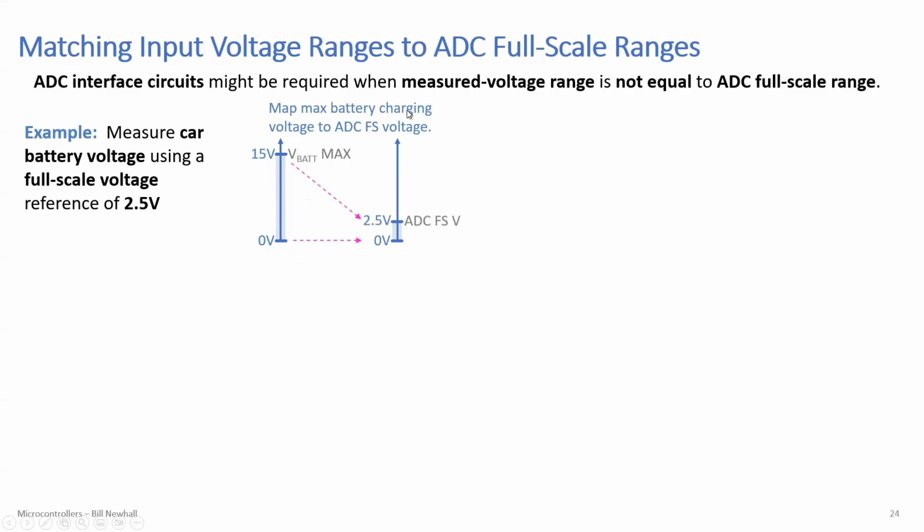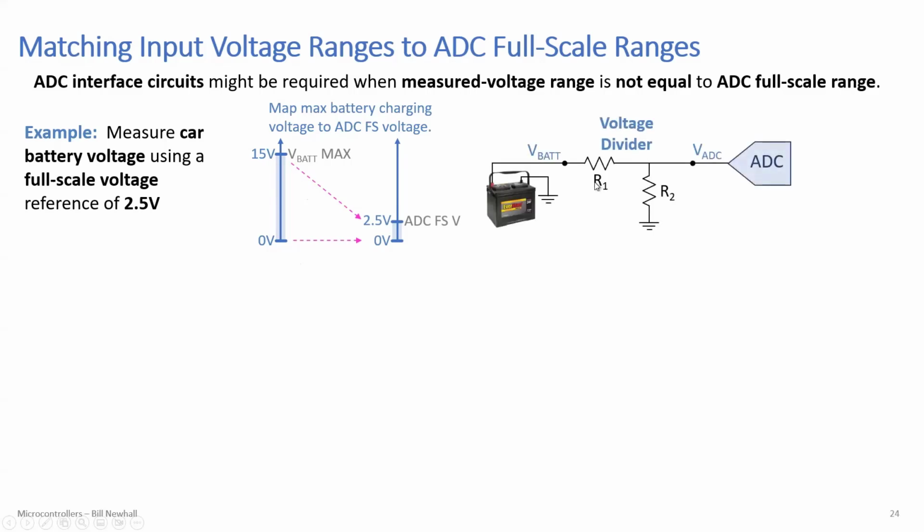So you want to map the max battery voltage to the ADC full scale voltage. An easy way to do that is to use a voltage divider. So you take the battery and you create a voltage divider, and you have a lower ADC input voltage compared to the battery voltage. And the ADC voltage then would be VBAT times R1 over R1 plus R2.